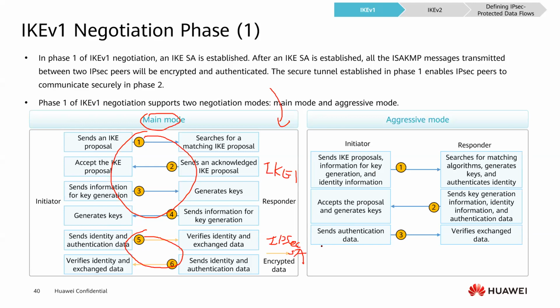This is main mode. Another is aggressive mode. In aggressive mode, when I exchange the SA information, I will use a plain packet. This is aggressive mode.